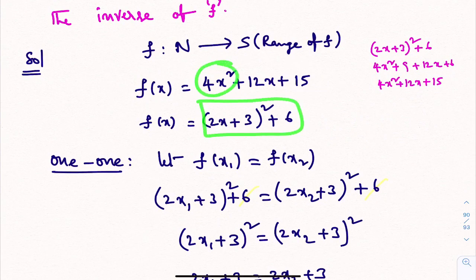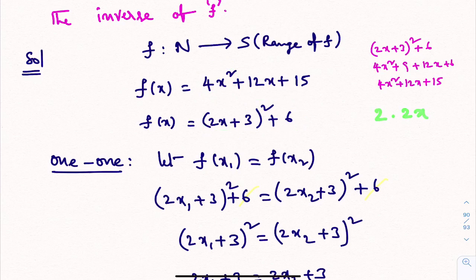See, this 4x square is there, na? So you can easily understand 2x whole square is 4x square. First you write 2x. Now 2 into 2x you write. Okay, you keep this in your mind. 2 into 2x into, by writing what number here, you will get 12x.